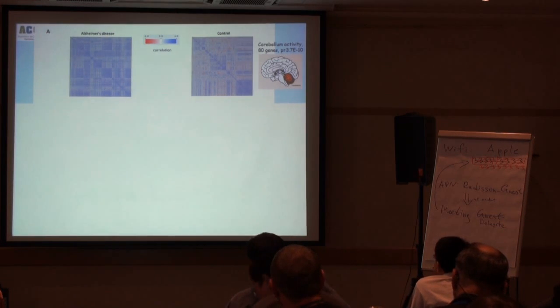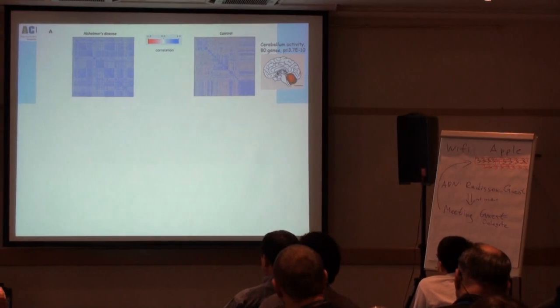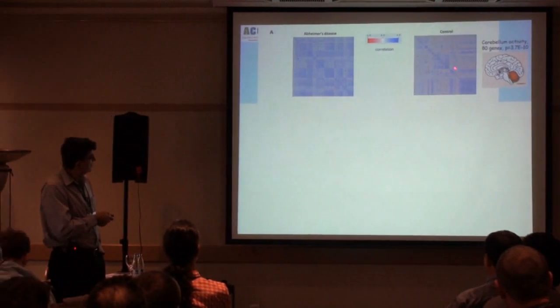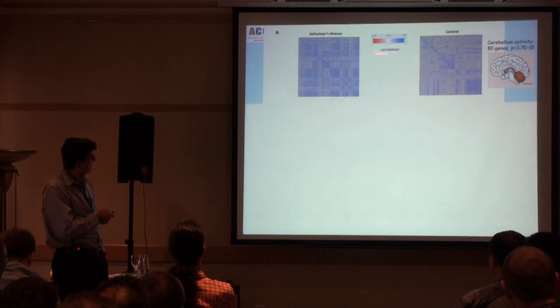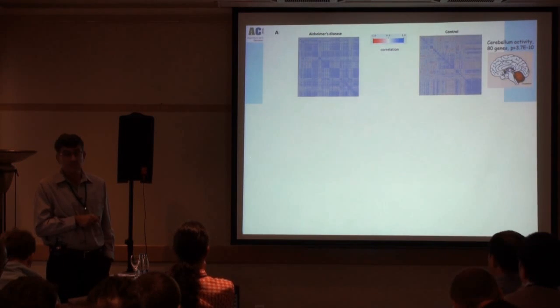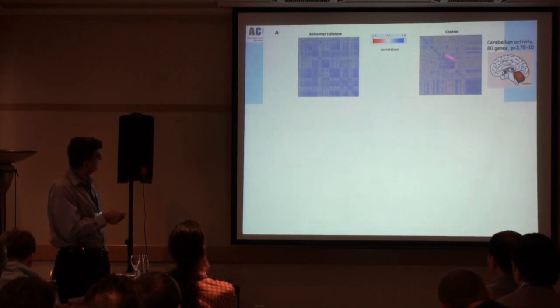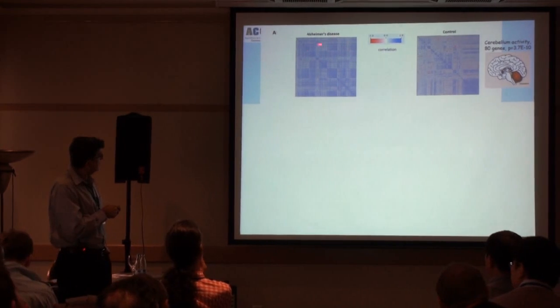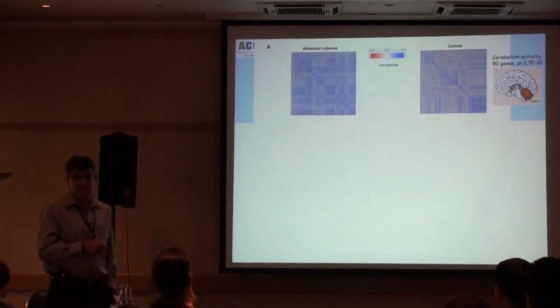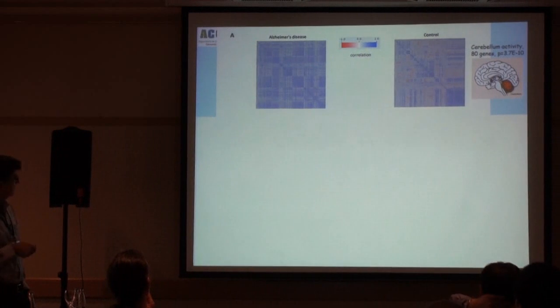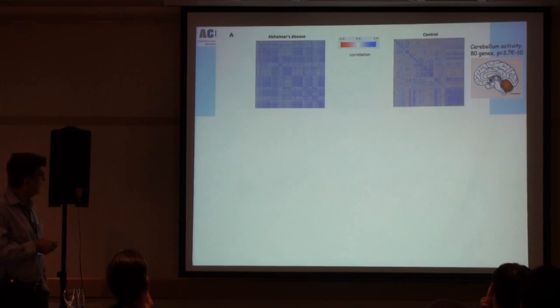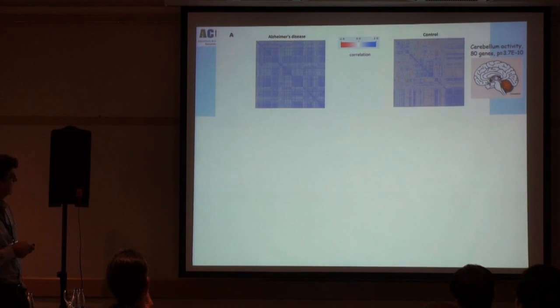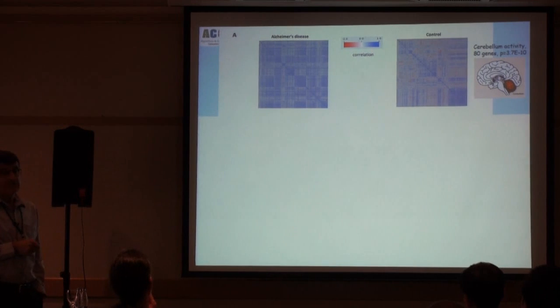So this is a set of genes, and the differential co-expression can be observed here by looking at the difference between these two matrices. So this is much bluer than this, so the correlation in the patients is much higher than it is in the controls. Of course, these are the same genes in both. And indeed, if you look at this set, you see a strong GO enrichment for cerebellum activity, which is related to Alzheimer's disease.